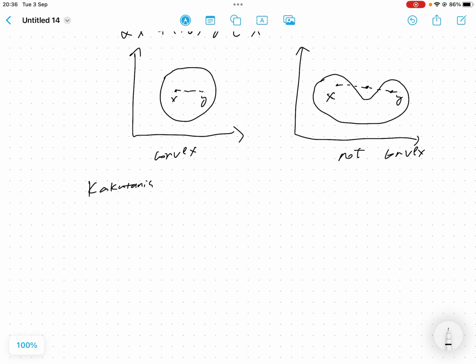Kakutani's fixed point theorem. Essentially, it's saying that the set X in R^n is a compact and convex set.